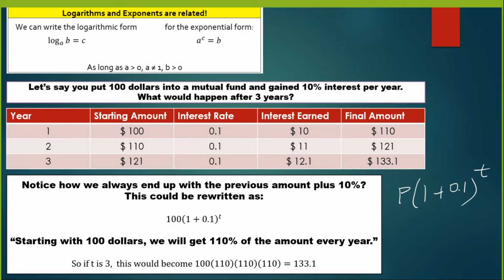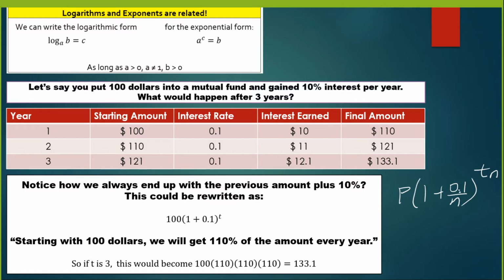And how do we do it when it's quarterly? If you're compounding more than one time per year, then we'll split that annual interest into a fraction of that annual interest, but also multiply by another number of times. So if this was quarterly, then you would receive 1/4 of your 10% interest 4 times per year, right?